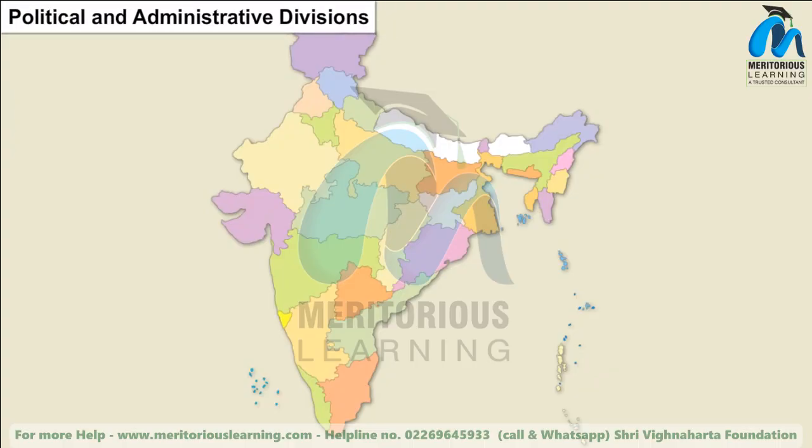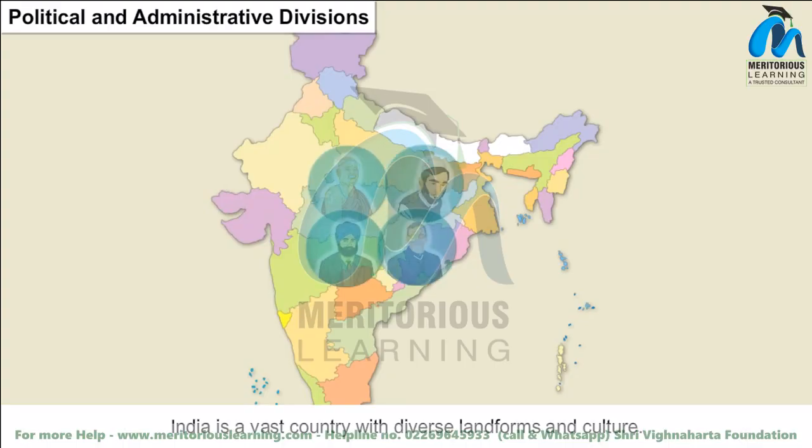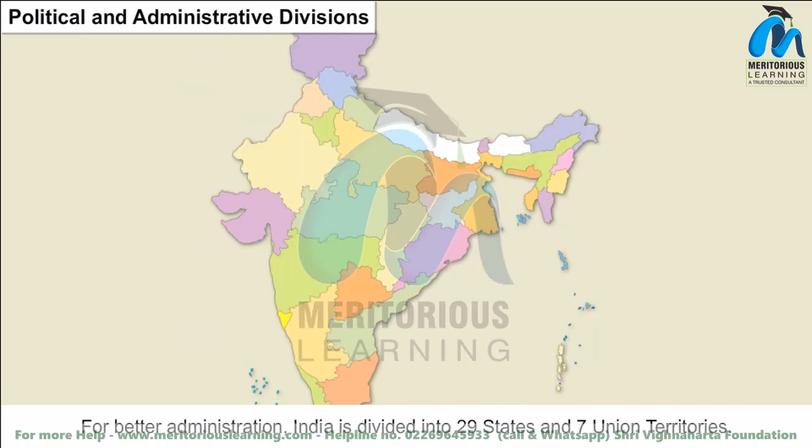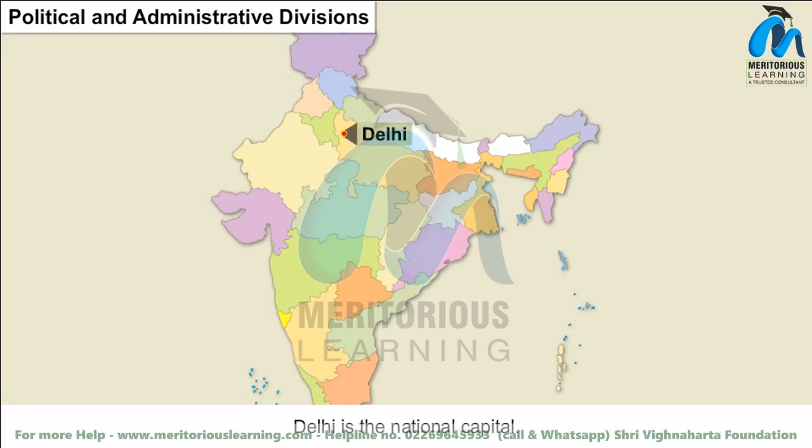Political and administrative divisions. India is a vast country with diverse landforms and culture. For better administration, India is divided into 29 states and 7 union territories. Delhi is the national capital. Rajasthan is the largest state.